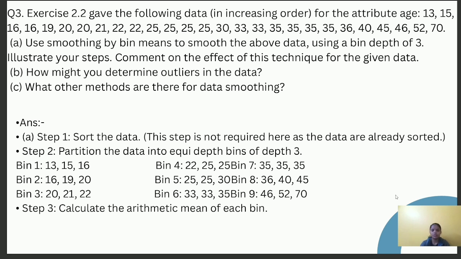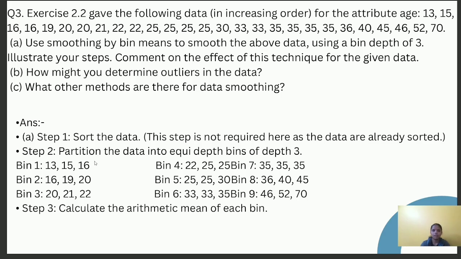So first of all, we have to create the bins. To create the bins, we first must see whether our data is in sorted form or not. So step one, sort the data, but here our data is already sorted. In step 2, we will make the partitions or equal bins.